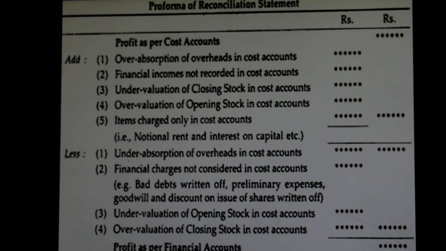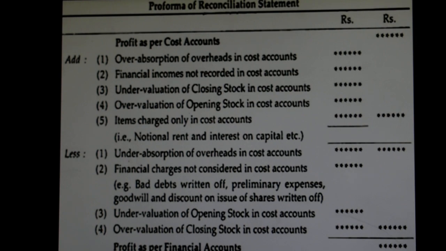Then financial charges not considered in cost accounts will be deducted from the profit. For example, bad debts written off, preliminary expenses, goodwill, and discount on issue of shares written off are treated as financial charges. They will be deducted from the profit of the cost accounts.